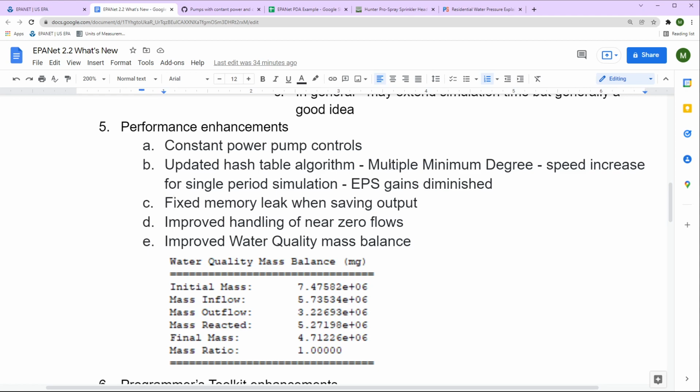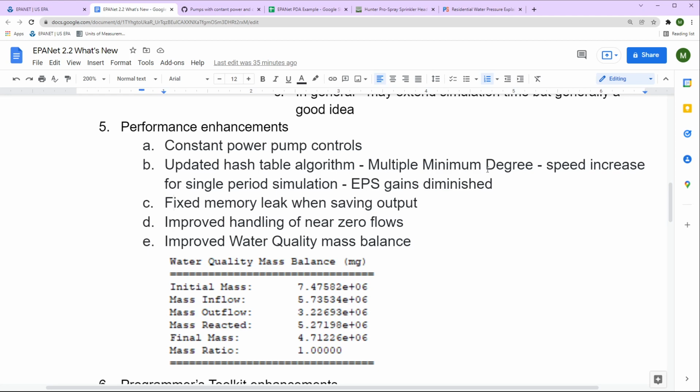Mainly this helps for a steady state or a single period simulation. The purpose of the hash table reordering is to get your solution matrix, which is a sparse matrix, to have the coefficients as close to the diagonal as possible, because that's a more efficient solution in the numerical engine when you're solving sparse matrices.